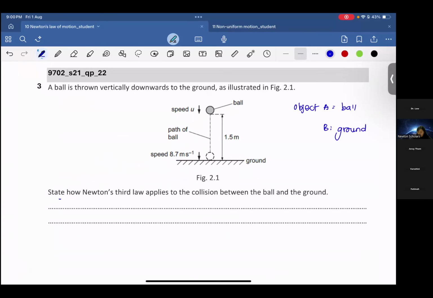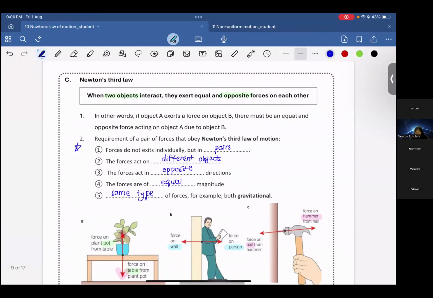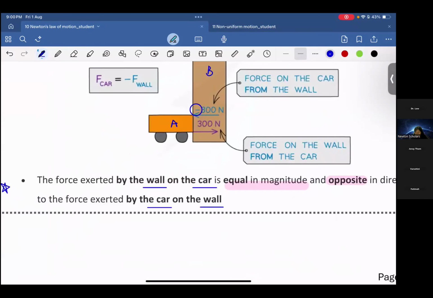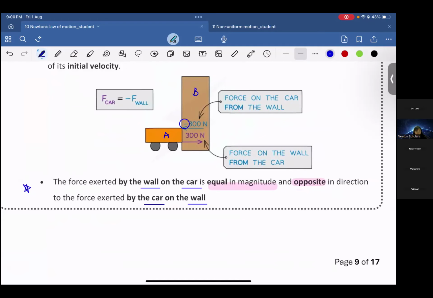State how Newton's third law applies. Just now I told you we are going to apply this sentence here. So we say: the force exerted by the ball on the ground is equal in magnitude but opposite in direction to the force exerted by the ground on the ball.